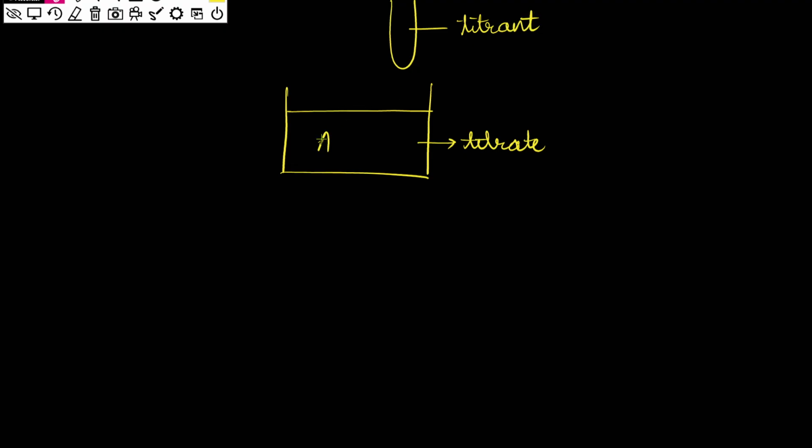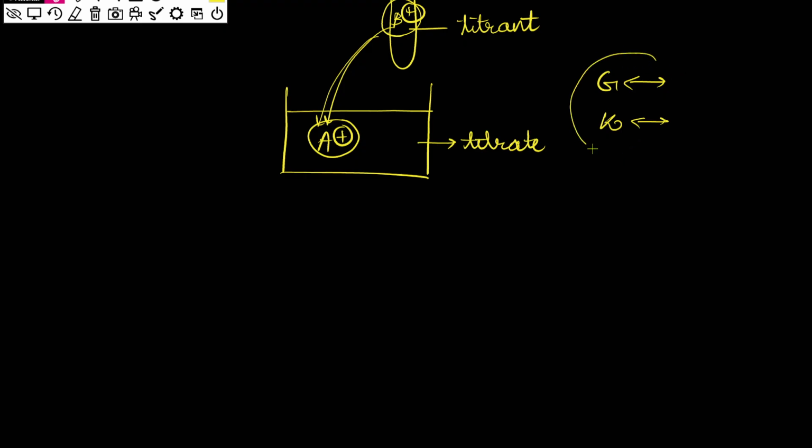Suppose here I had these A plus ions and here I had these B plus ions. So this B plus will replace this A plus. And when this replacing is done, the overall conductance will be altered, the overall conductivity will also be altered, and this is what the conductometric studies are mainly focusing upon.